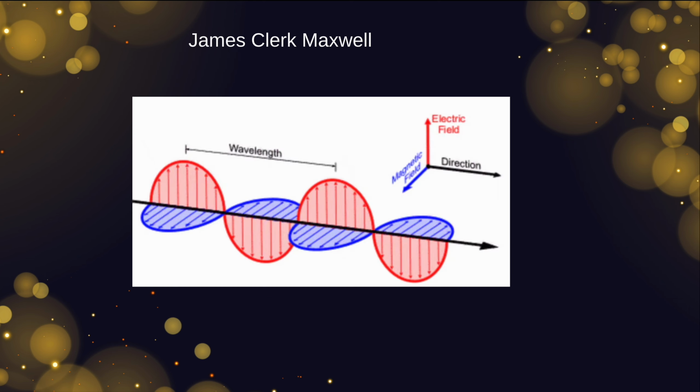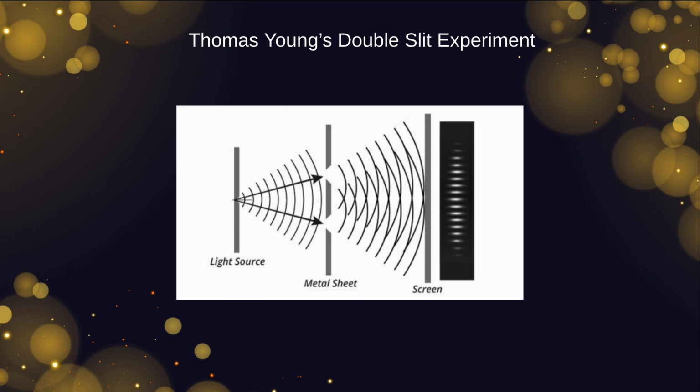So going back to our double slit experiment, you can see that in the black parts, it's where destructive interference takes over and it cancels out the waves, and the light striped parts are constructive interference. And so this kind of proved that light was definitely a wave.